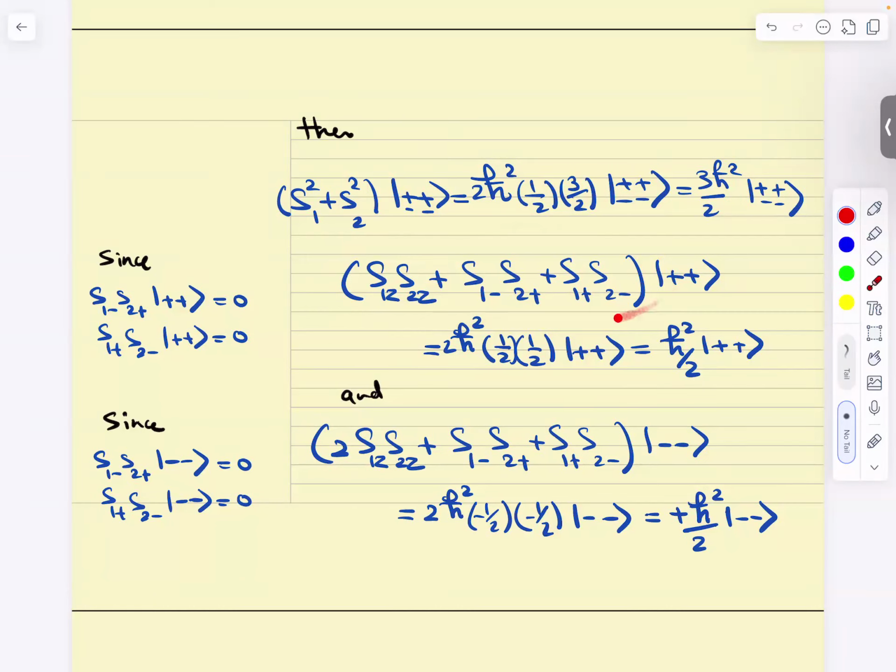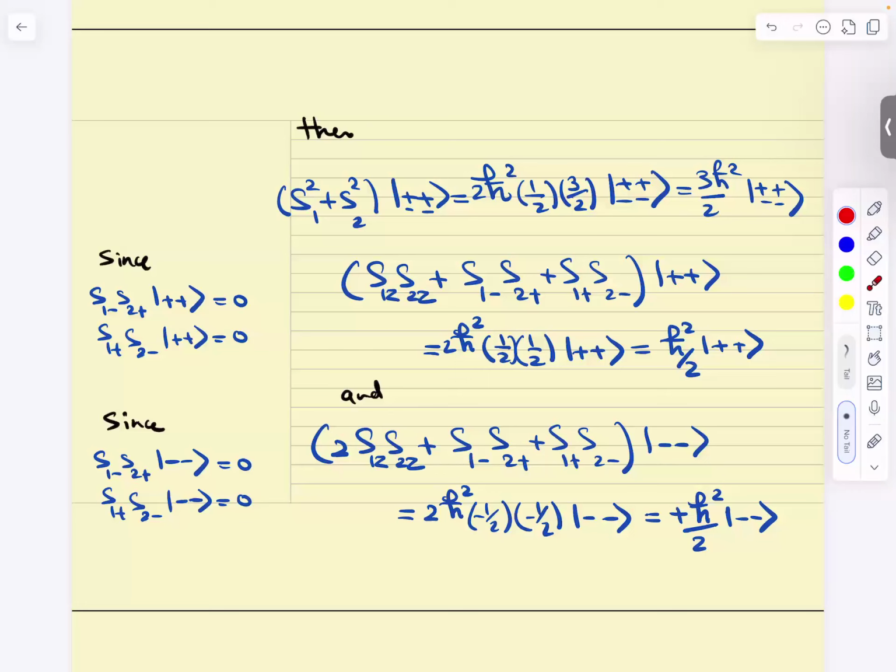Now, the piece that's left is this term. Here's where things get a little bit funky. Well, actually, not for these two states. These two states are still okay. First, what is the action of S1Z S2Z on this ket, plus plus? It's ħ squared over 4, because each of the SZs gives you ħ over 2.